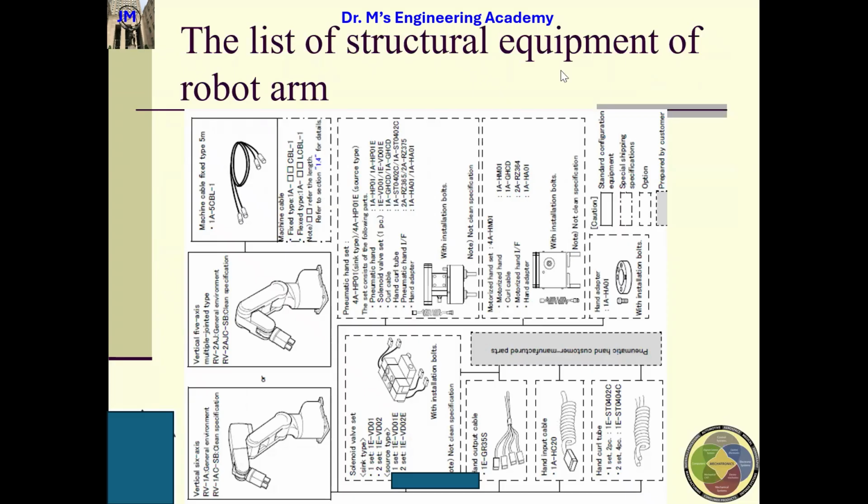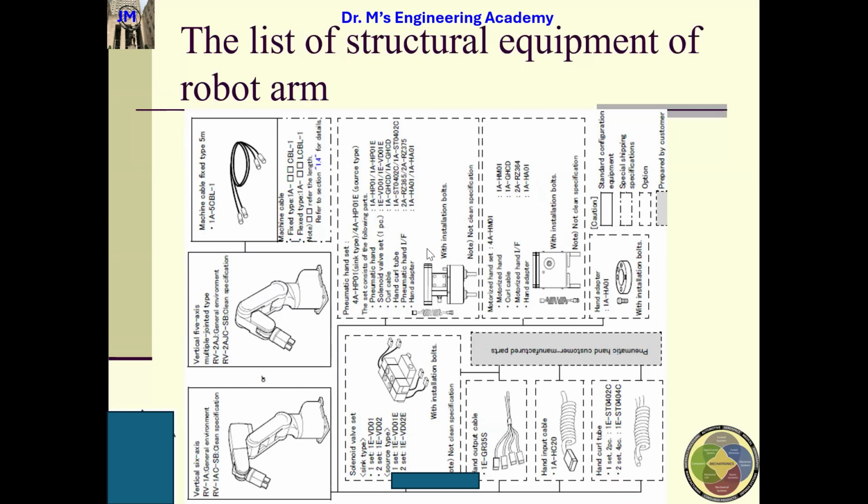So, the list of structural equipment of a robot. I'll just talk about this one very briefly. This is the overall picture. This is some connection. This is the machine cable. This is a hand, which is also called the end effector.